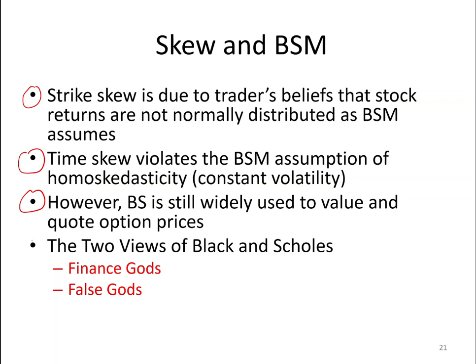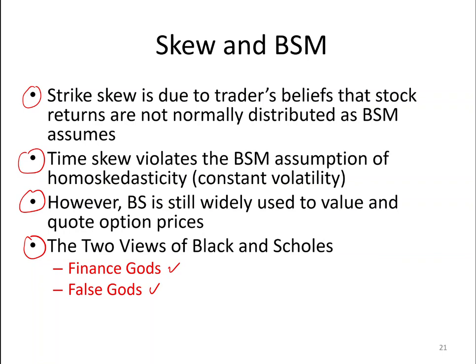So that leads to two views of Black and Scholes. One view is Black and Scholes were sent by God to show us how the real world works, and they gave us a model that's perfect and good. The second view is that these people are really false gods, demigods.